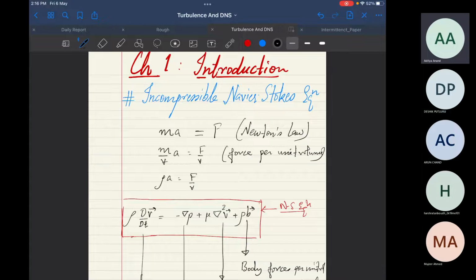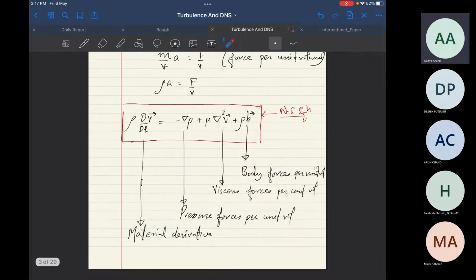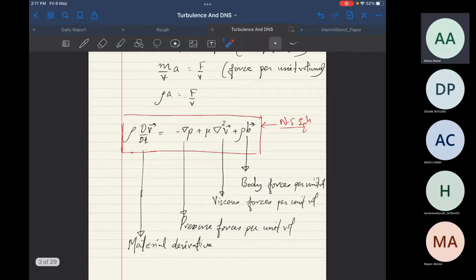This equation here is the Navier-Stokes equation, and the term on the left hand side is your mass times acceleration, except here it's the mass times acceleration per unit volume, and on the right hand side you have your forces per unit volume. So it takes this form. I hope you all know how the equations are derived, because I won't be getting into that.